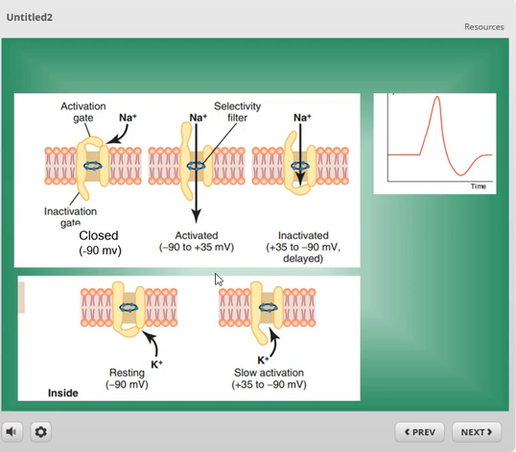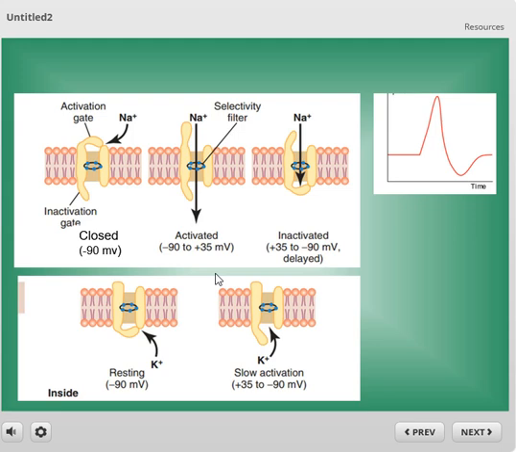But when, for example, sodium channels are activated by a depolarization of the membrane potential, when the membrane reaches a certain threshold, for example, minus 50 millivolts, between minus 90 millivolts and plus 35 millivolts in the depolarization situation, these channels open quickly.